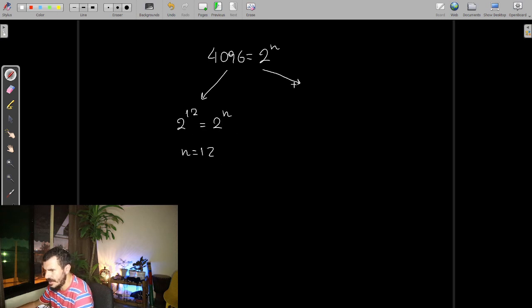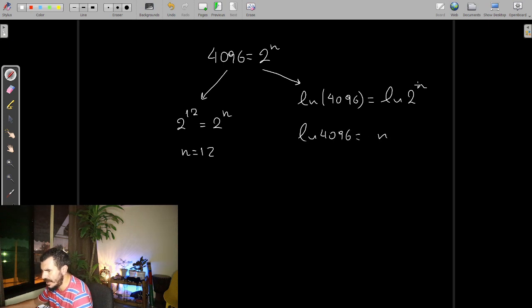The other way is to solve it by using logarithms. So what you will do is ln of 4096 equals ln of 2 to the power of n. So ln 4096 is n ln 2, because this is a property of logarithms.